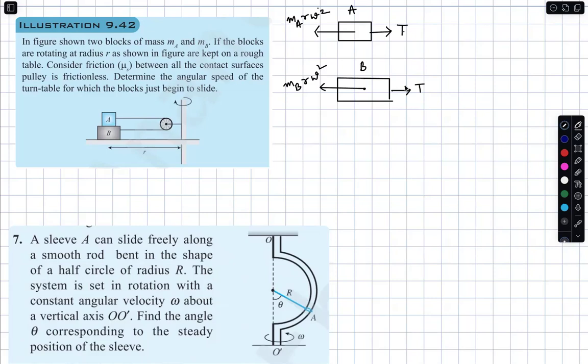Then A should move towards the axis of rotation. In terms of B, the tendency of motion of A is rightwards. So friction opposes.